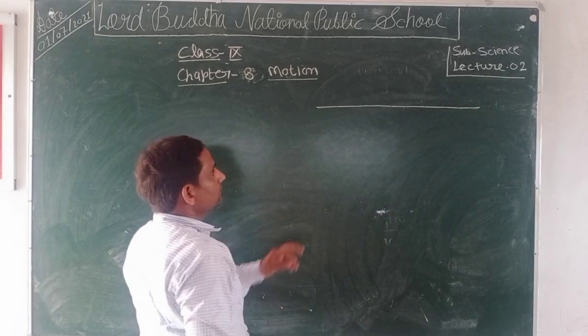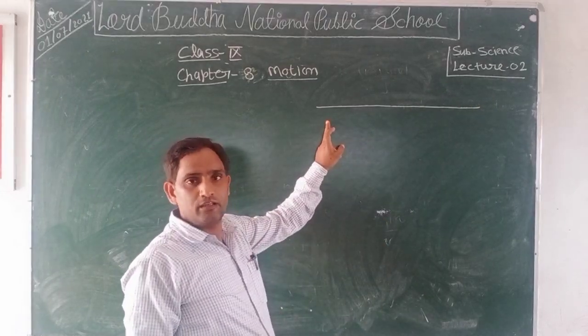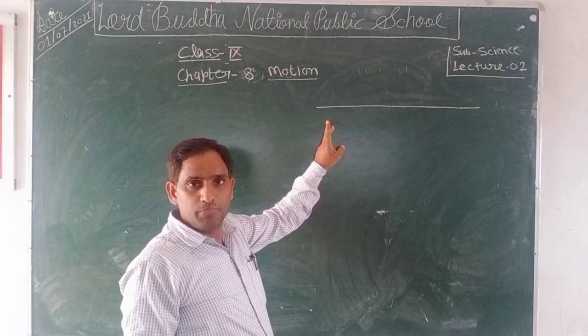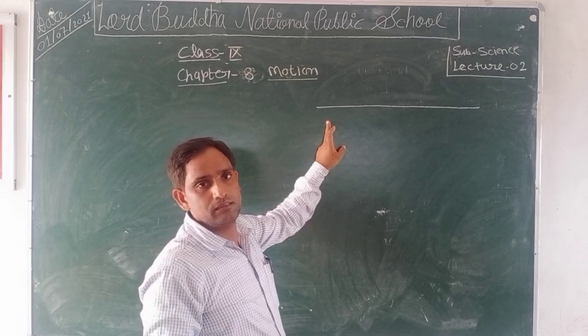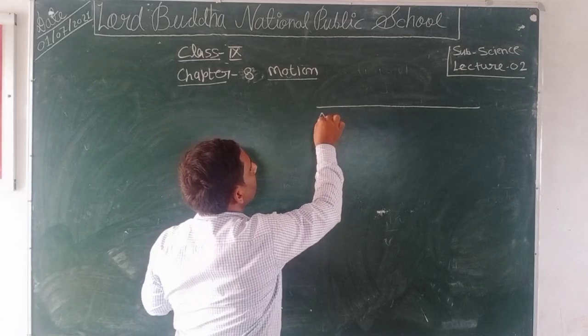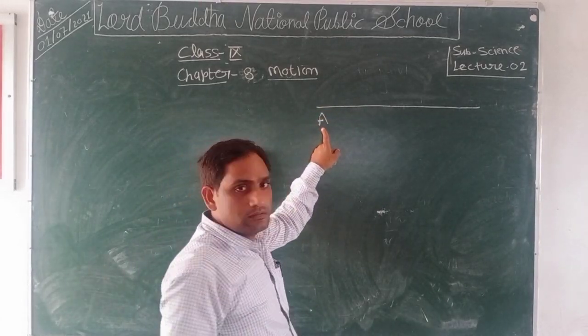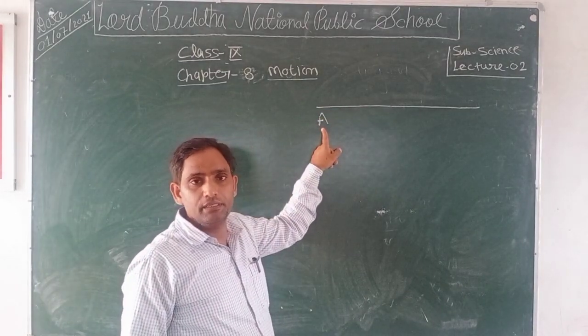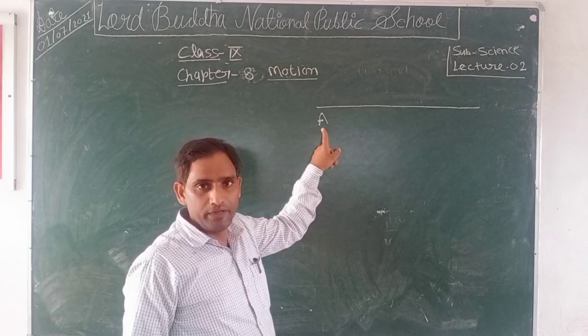This is a straight line path. A person starts his journey from point A. We take this point A as the reference point.